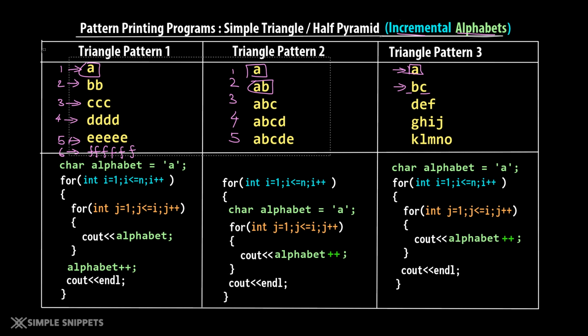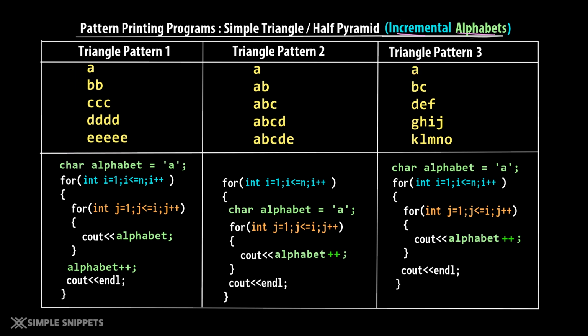Now that this basic understanding is cleared, let's start off with pattern 1 and quickly dry run the entire code. If you watched the previous tutorials, the for loop conditions are exactly the same. The only thing being added is this variable char, a char data type variable named alphabet, which stores the alphabet required for printing in the inner for loop.